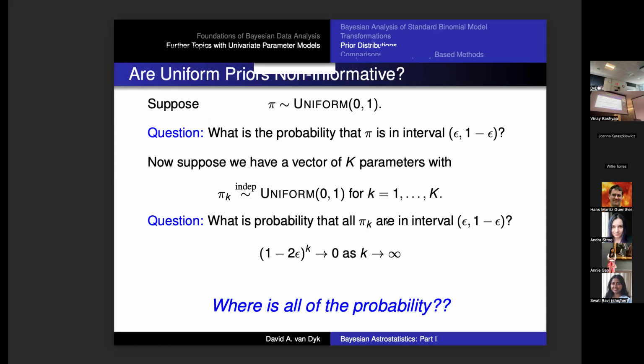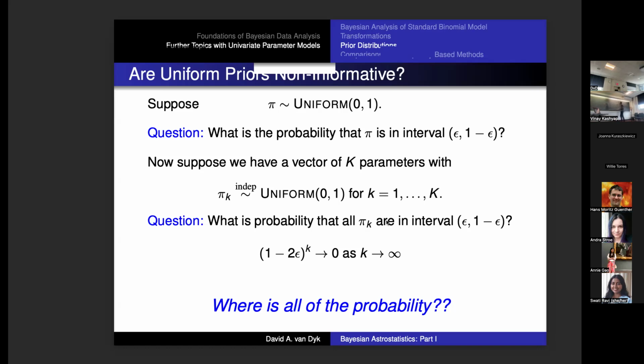Another thing to be aware of with uniform priors is this. Suppose pi is uniform 0, 1. What is the probability that pi is in the interval? So I have 0 and 1.